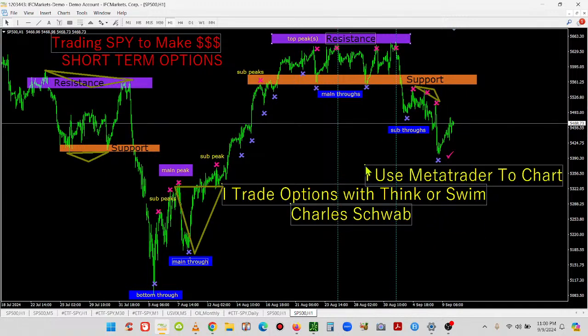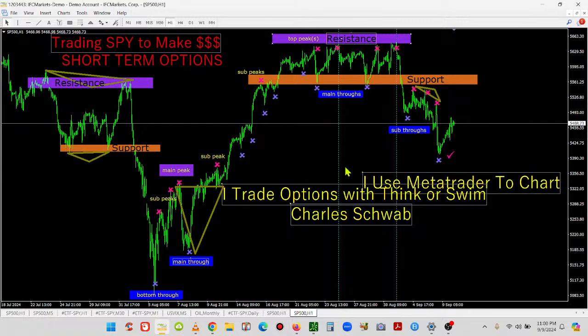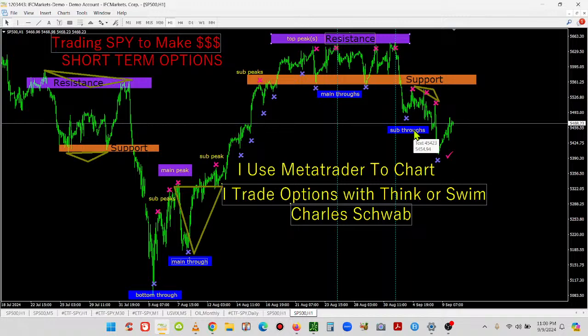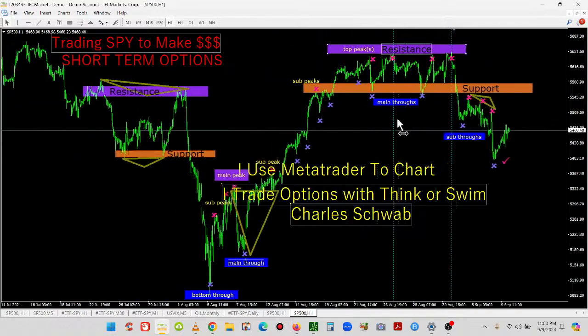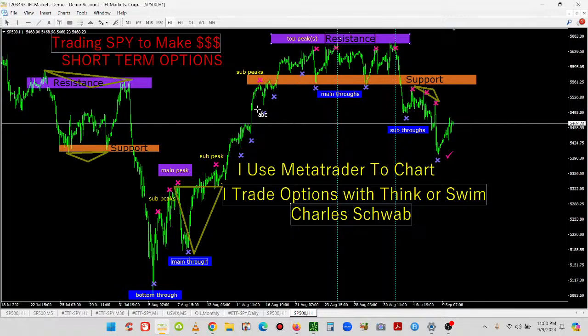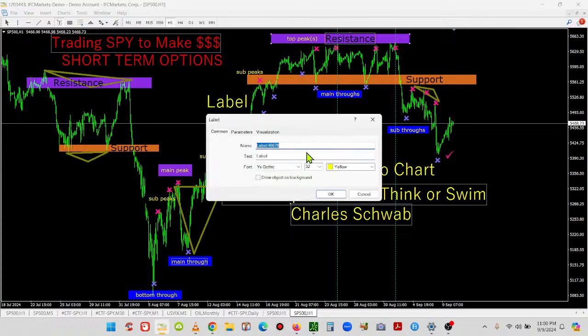And these other objects, even though I wrote support and resistance, they're text. So it makes a difference which one you use.